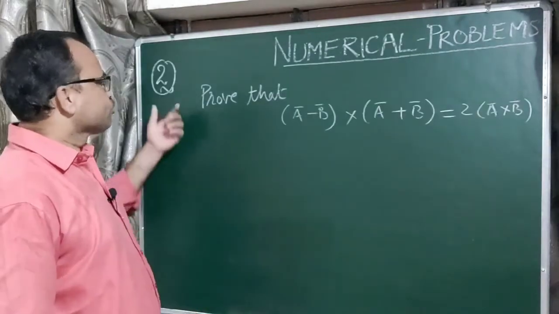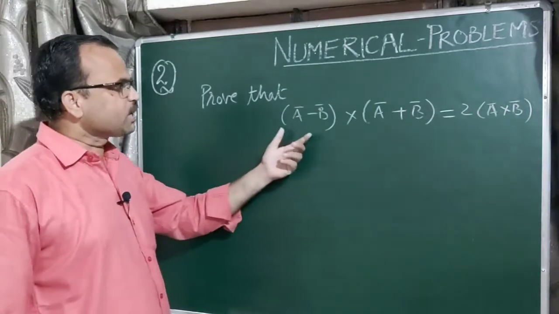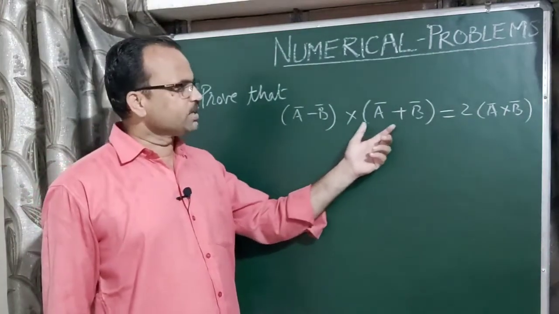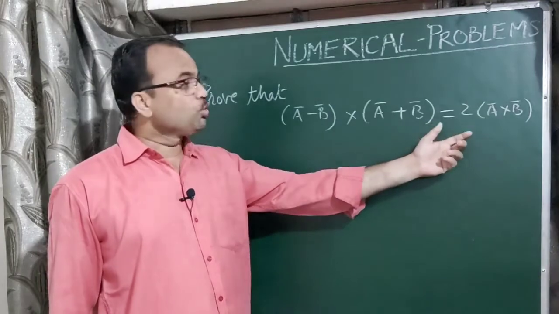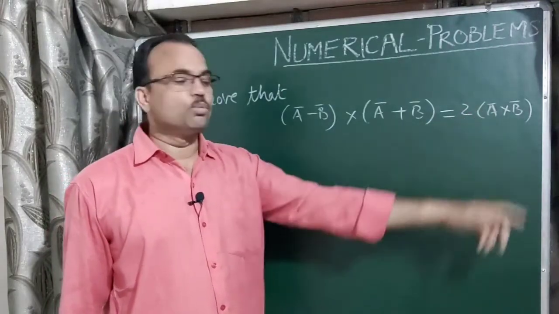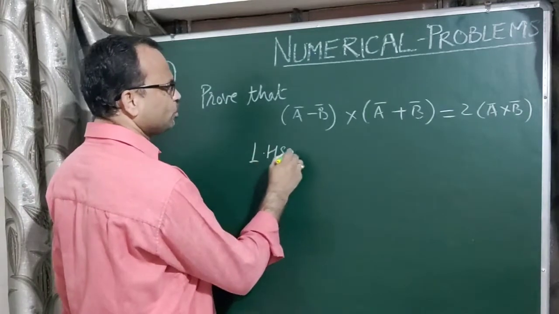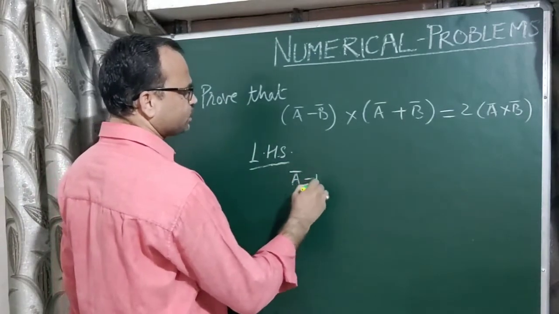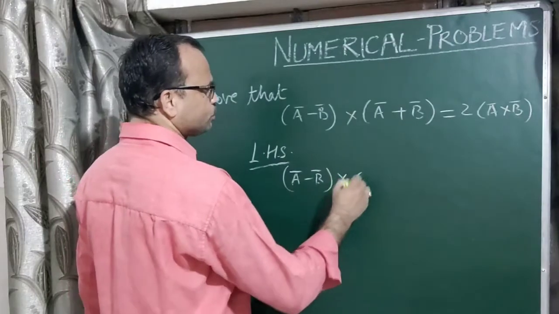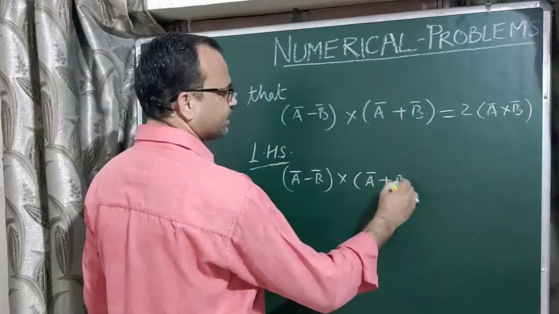Okay. Now see question number 2. Prove that (A vector minus B vector) cross (A vector plus B vector) is equal to twice A vector cross B vector. So starting from the left hand side. Note the left hand side: (A vector minus B vector) cross (A vector plus B vector).